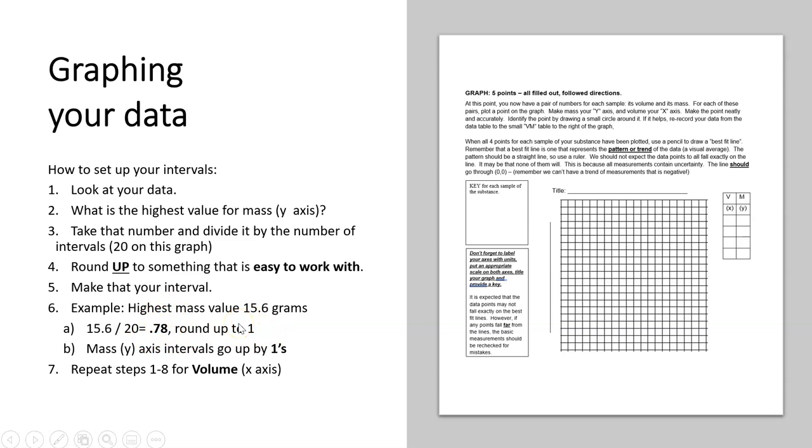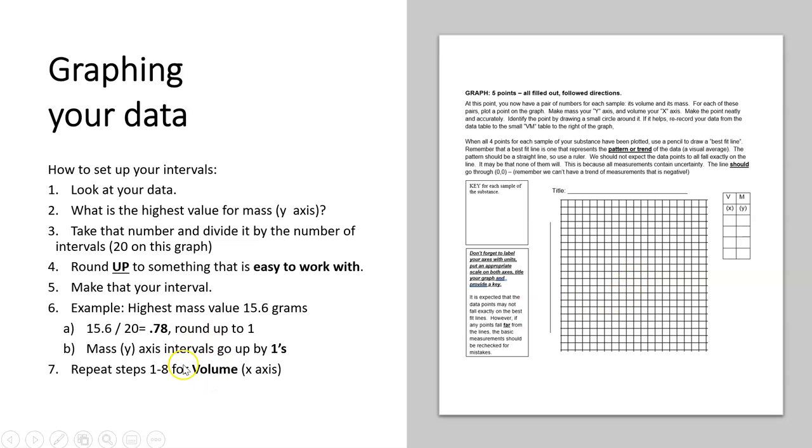What we're trying to do is make sure that we use as much of the graph as we can, so we don't have some tiny little picture of what we did in the corner or all smooshed over to one side or down towards the bottom. So we're going to make that go up by ones, and then we know at least our graph is going to go up to somewhere around 15.6 or 16. That's covering a good portion of the up and down of the graph.